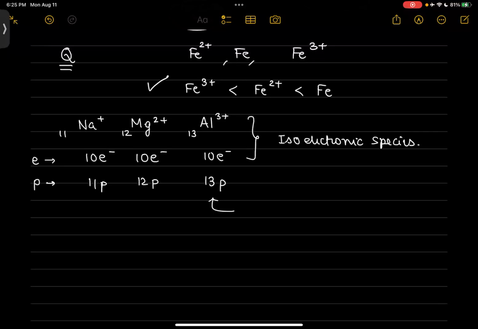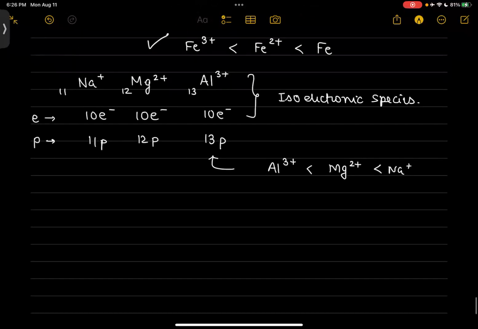Okay, so this is going to be the smallest one. Absolutely correct. And then you have magnesium, right? And then the sodium will be the bigger. Okay. What about Li plus, Na plus, K plus, Rb plus, Cs plus: lithium, sodium, potassium, rubidium, cesium?